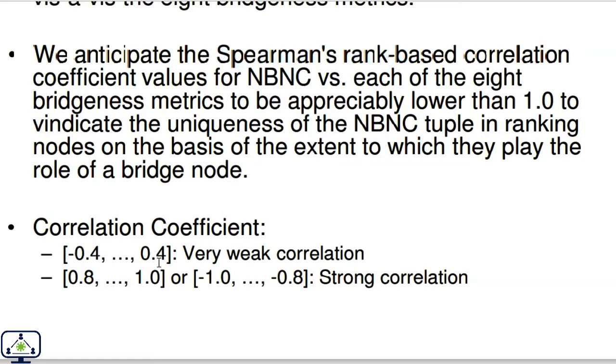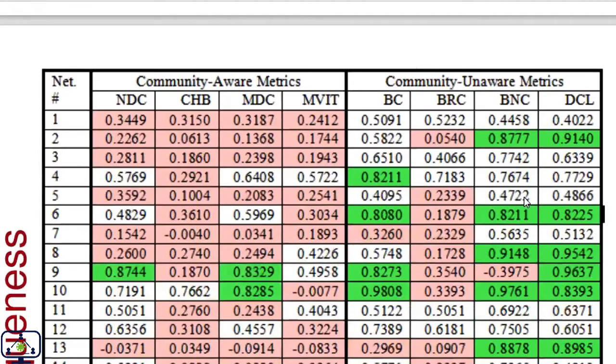If the correlation coefficient is between, say, negative 0.4 and 0.4, it's a very weak correlation, and if it's close to 1 or close to negative 1, that's a strong correlation. A strong correlation for several real-world networks is a negative thing, because then we are proposing something that can be identified using existing metrics. On the other hand, if we have a weak correlation, that means we are proposing a metric that is identifying something that's not identified by the existing metrics.